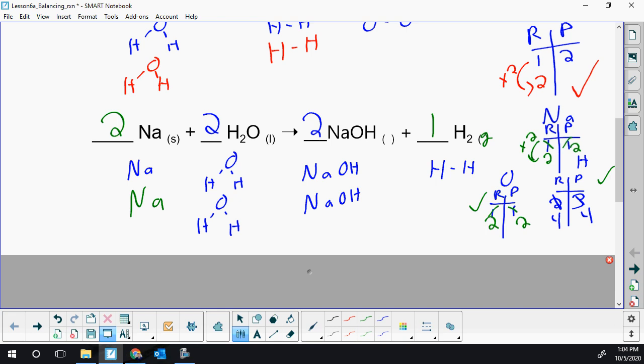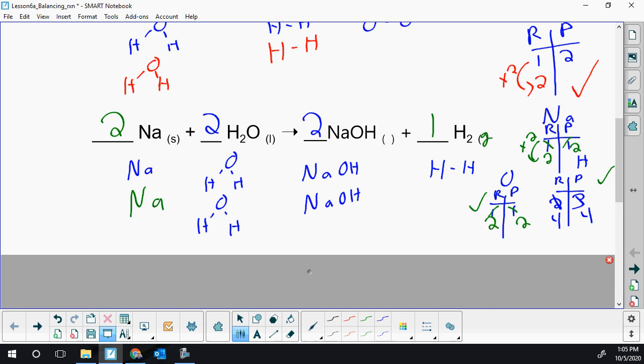And your solubility table would tell you about sodium hydroxide. What each state is, we know it's being made in water. What does the solubility table tell you about hydroxide with sodium in water? So it's your last column in your solubility of selected ionic compounds in aqueous solutions.